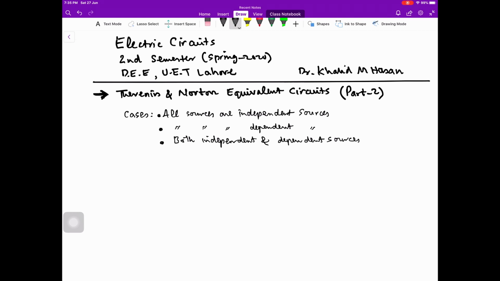In all 3 cases, we will see how to find Thevenin and Norton equivalent circuits.